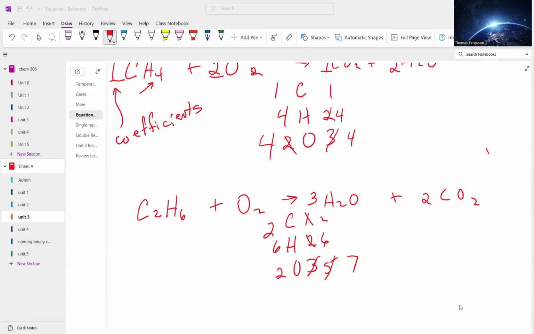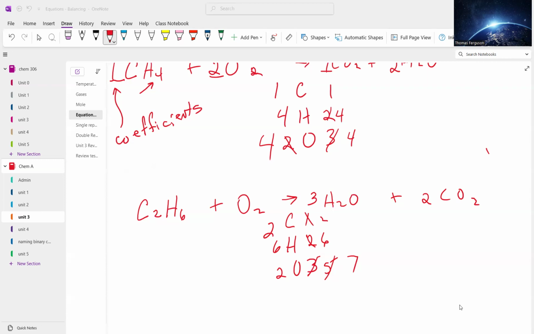Okay, so this is where my technique differs slightly. I would say half the chemistry teachers are going to tell you to do it my way, the other half are going to do it something different. My way is, what do we multiply 2 by to get 7? 3.5. 3.5 times 2 is 7.